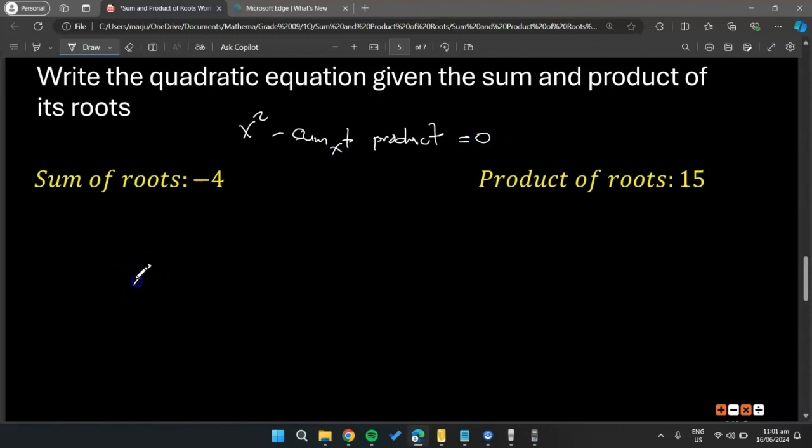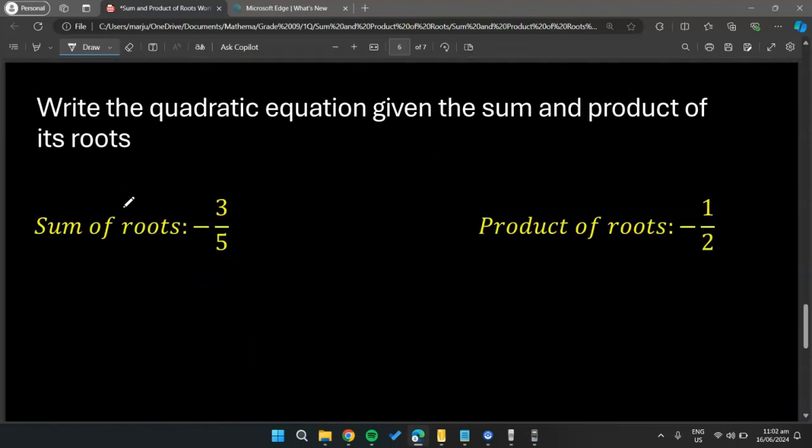So we will write x squared minus, the sum is negative 4, so we have negative 4x plus, the product is 15, so we'll do 15 equals 0. So again, our equation is just x squared plus 4x plus 15 is equal to 0.